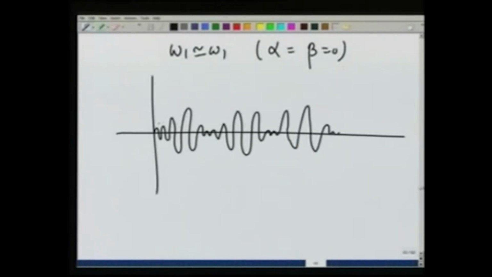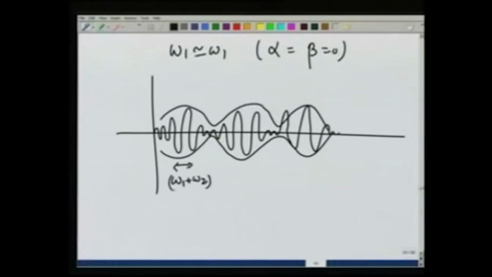So, the amplitude would be varying with time, and the frequency of oscillation would be roughly omega 1 plus omega 2 over 2, and the frequency of change of amplitude will be omega 1 minus omega 2 over 2. I would like you to do this exercise yourself by adding the two solutions. So, this is like the phenomenon of beats.